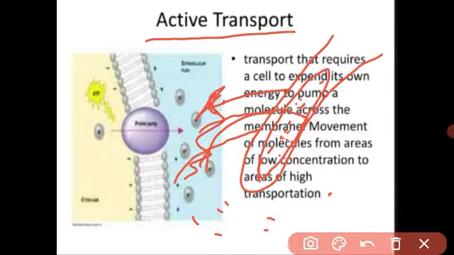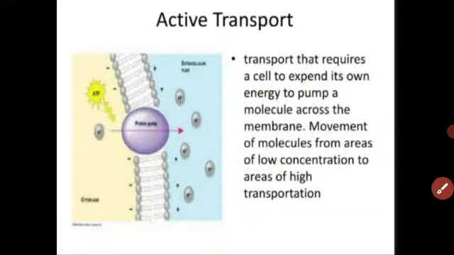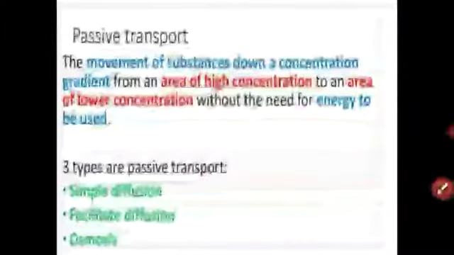Got it? And I will repeat the definition. Active transport is the movement of any molecules from the region of lower concentration to the higher concentration through a cell membrane, and it requires energy. Understood? Active transport. Next is passive transport.